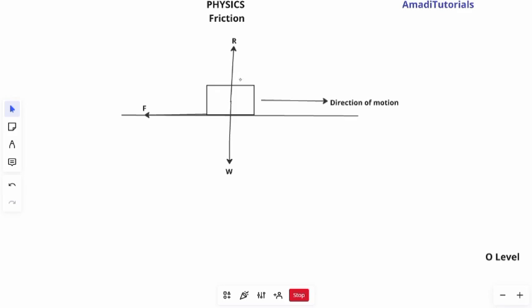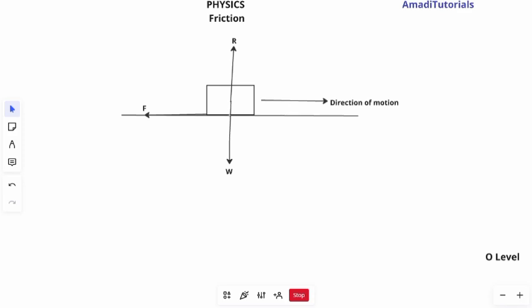Do I need to say it again? Friction is the force that opposes the relative motion between two surfaces in contact with each other. So if this block is to be dragged to the right, friction is that force that is trying to stop this block from moving toward the right.